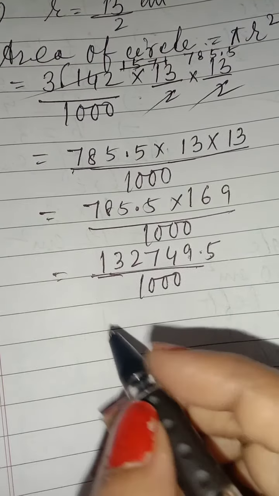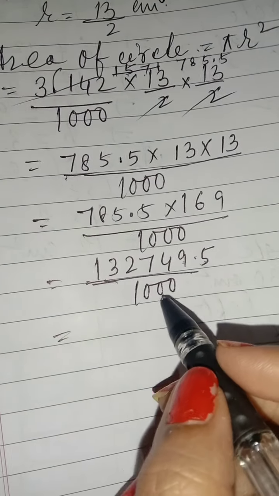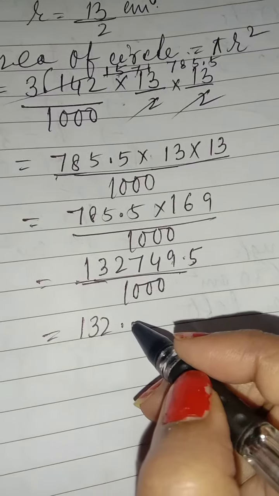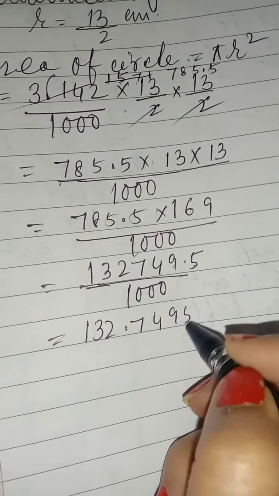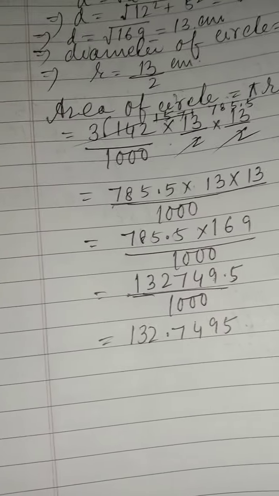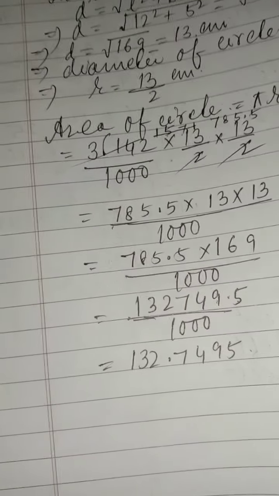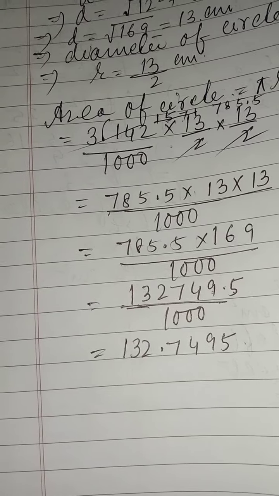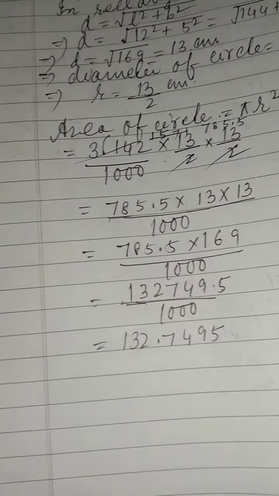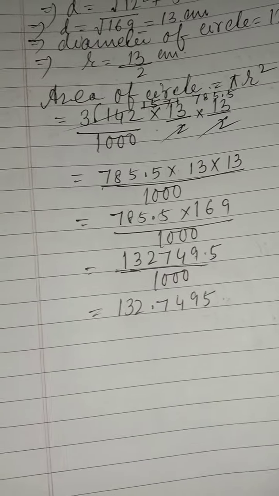So it is 132.7495. This is only the area of the circle, but we have to find the area of the shaded region. So definitely we have to subtract now.